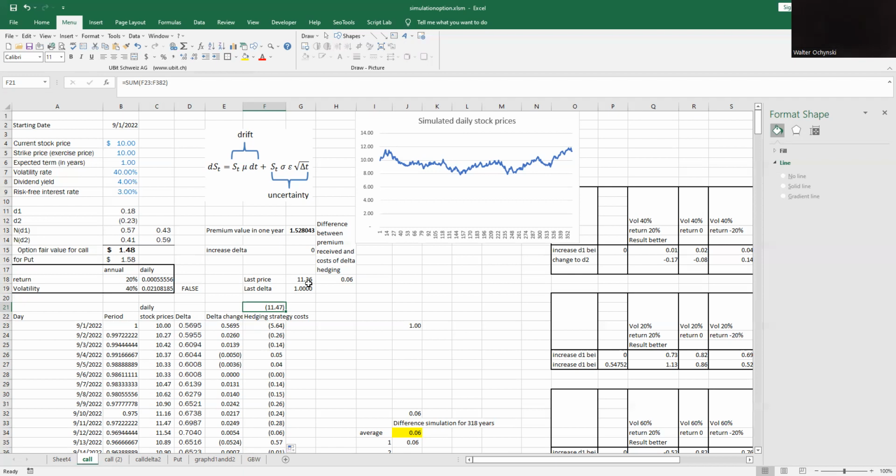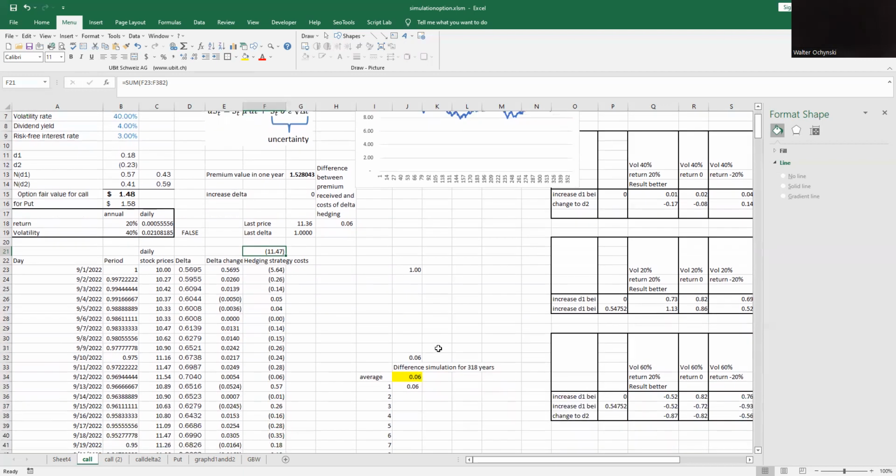So the cost is 11.47 minus 10, which he obtained from him, of 1.47, but he has obtained the premium of 1.52, including the compound interest. So the net hedging cost is the difference between premium received and costs of delta hedging, and results in a gain of 6 cents. So we have a very positive result of this delta hedging.